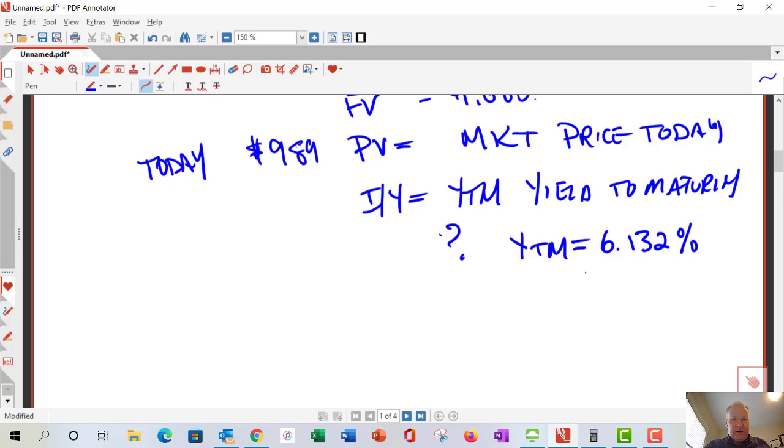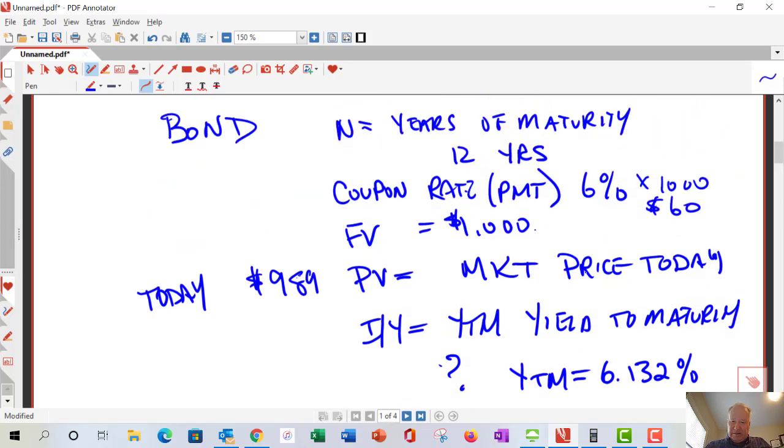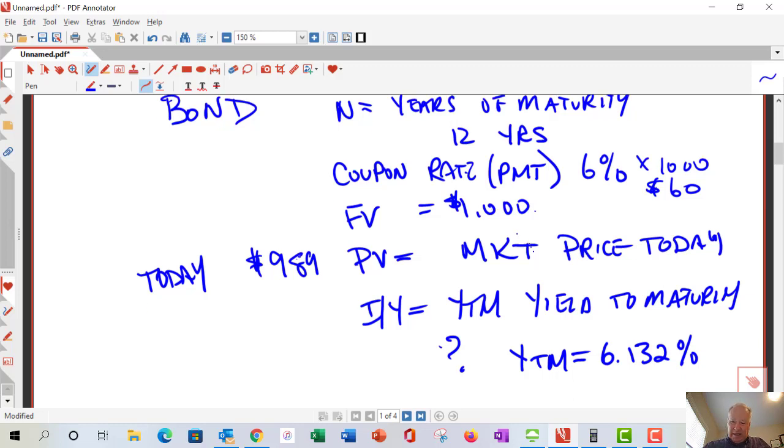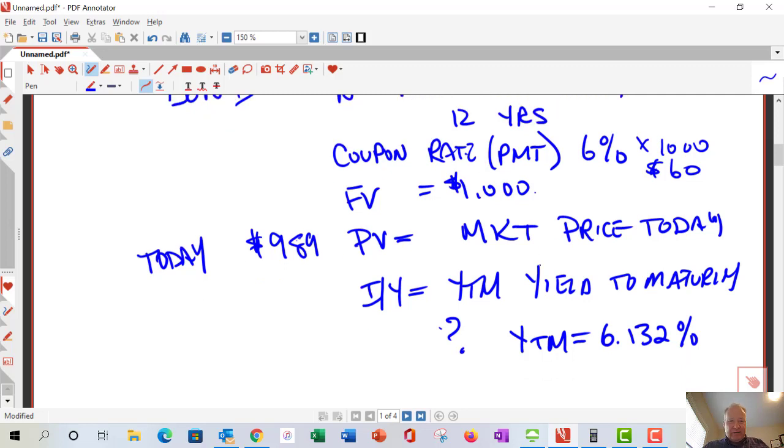The other thing you might be looking at is the price. You're generally going to be given yield to maturity or number of years to maturity, coupon rate, and the face value is 1,000. And so the only typical variables are the present value, the price today, or the yield to maturity.